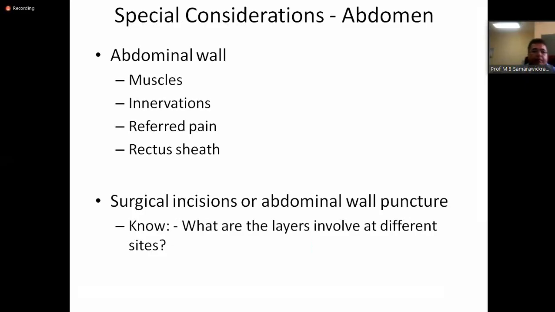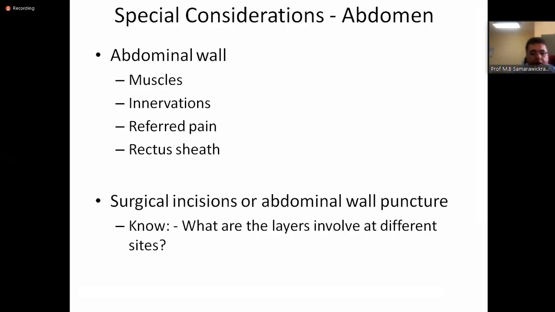Right. In the abdominal wall, there are muscles, innervation and referred pain, and the rectus sheath. You have to know the surgical incisions of the abdominal wall and know only what layers are involved at different sites. No need to know the names and their advantages and disadvantages.